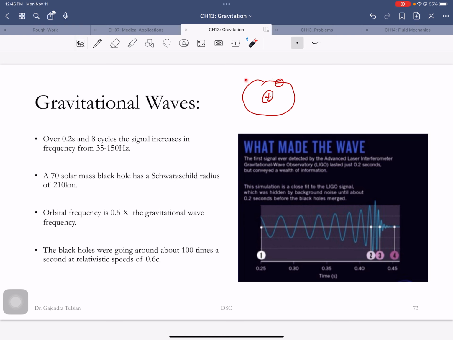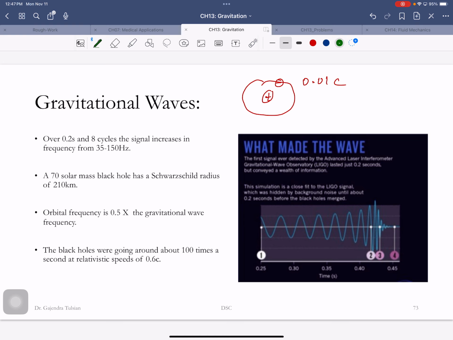The electron that goes around the hydrogen atom is traveling at 1% the speed of light. Here is a massive object traveling at 60%. It's really very hard to comprehend.